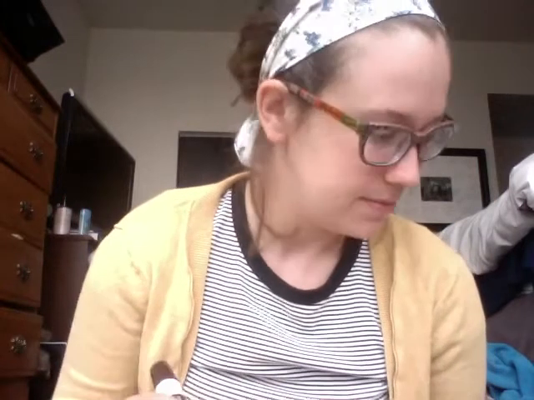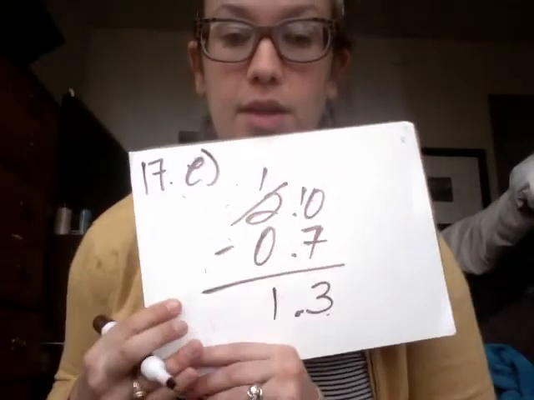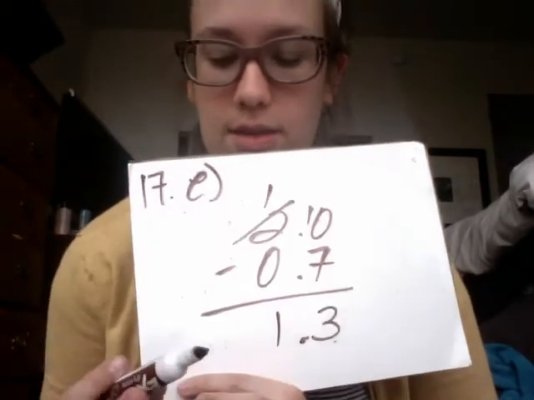Let's do E. E as in elephant. 2 wholes minus 7/10. Okay. Same thing.